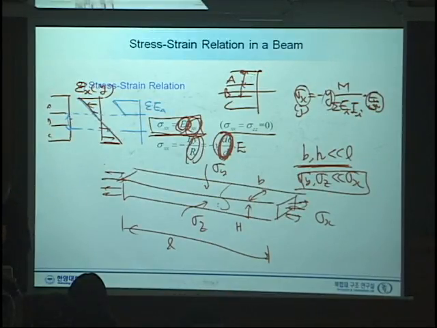Now we need to multiply E_B, which is different from E_A, right? So that means E_B times epsilon. So this is discontinuous like that. Okay? It can be discontinuous.